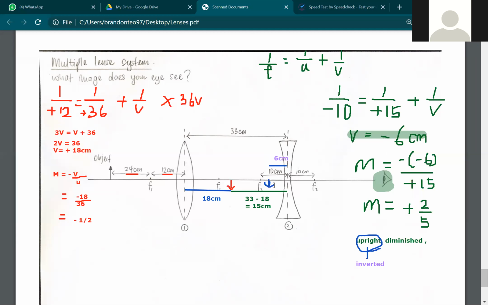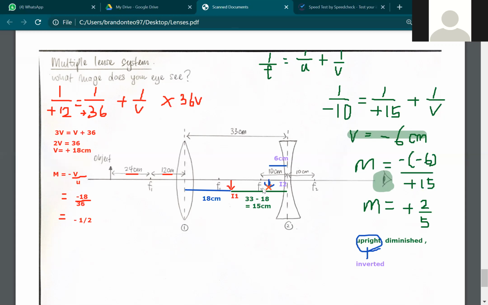So that is your final image. I label it as I2, and this is I1. The red one is I1, and this is I2. I put an X here just for you to see because my drawing is very small. The X is the location of the final image.